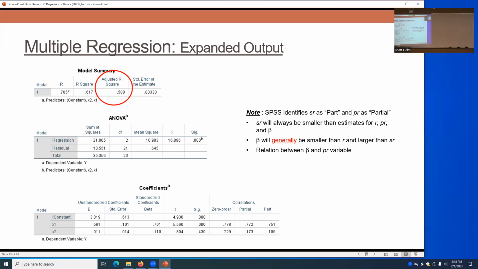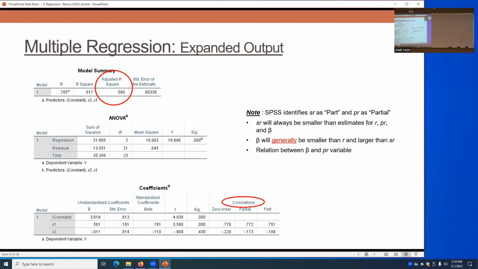Okay, so just make sure you know what's being tested with this. Here we've got a large F, very small p-value, and it's saying that, assuming that the population R squared is equal to 0, these data would be very unlikely. So we have evidence against that. Okay, so that's what's going on here.